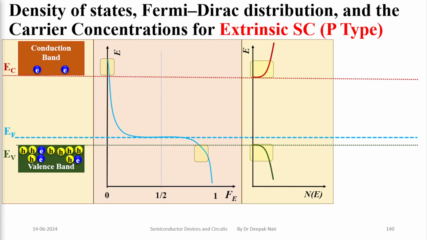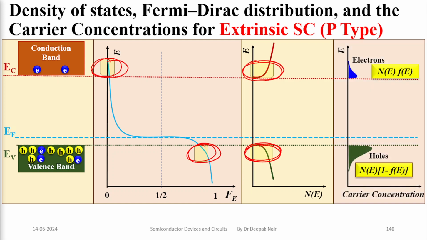So if we integrate this region and this region along with this region at the bottom near the valence band with the density of valence band, then we will end up with the distribution shown in the rightmost diagram.